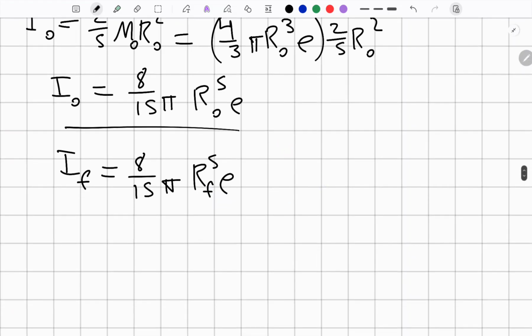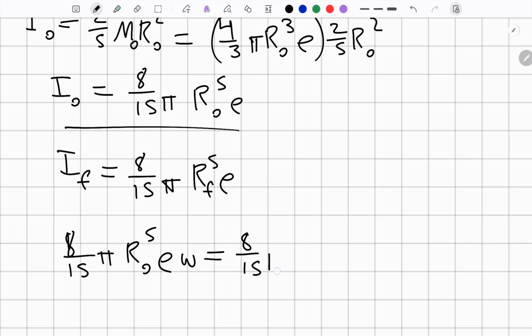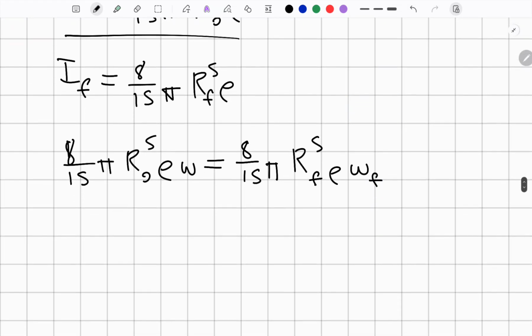So knowing that they're going to be equal, we'll take our initial inertia, 8/15 pi r0 to the 5th rho, set that equal to the final. We actually need our omega in here as well, is going to equal the final 8/15 pi, that final radius raised to the 5th power times rho times the final angular velocity.